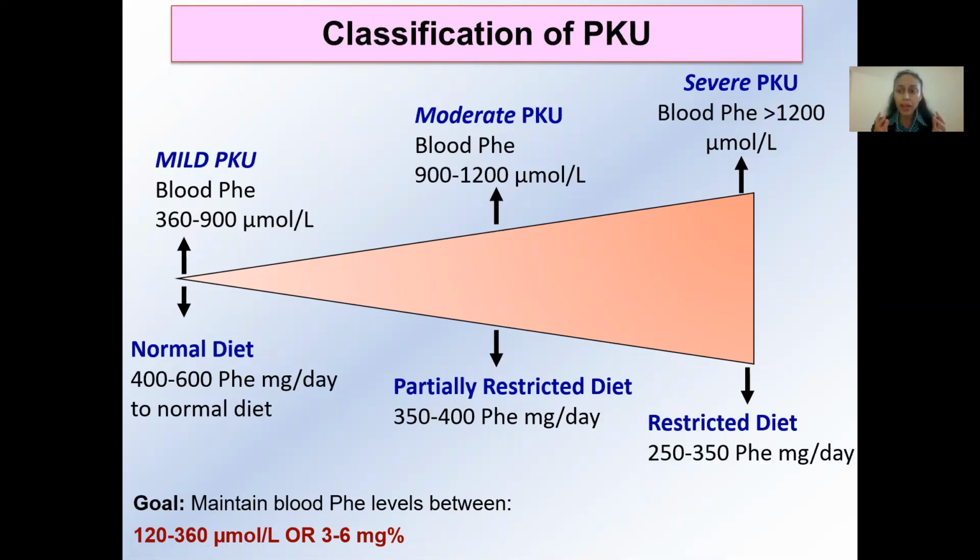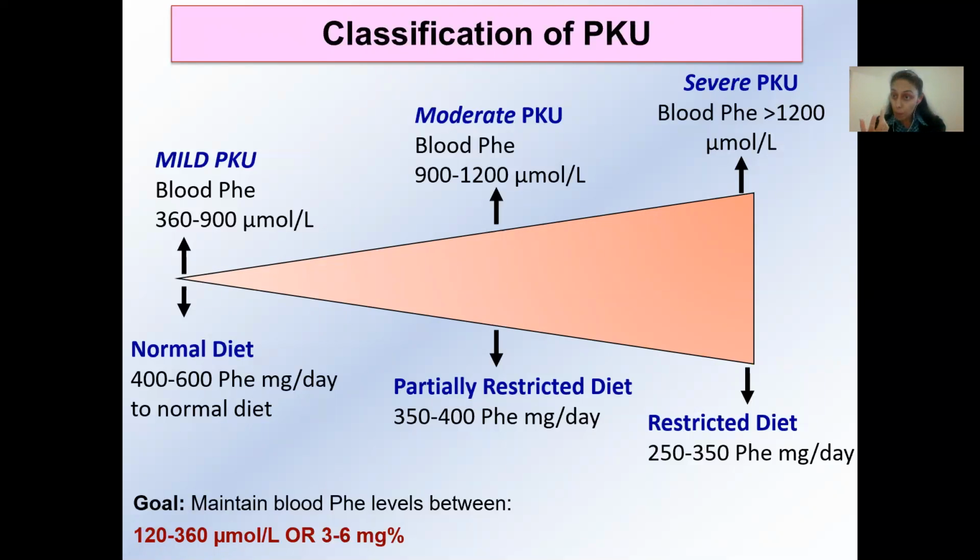Now, what do I mean by restriction? I'll use an analogy here. In diabetes, for example, what do you need to restrict? The main nutrient you need to regulate is carbohydrate. So in diabetes, you need to regulate or monitor your carbohydrate intake, very overview speaking. Then with hypertension, you need to monitor your sodium intake.